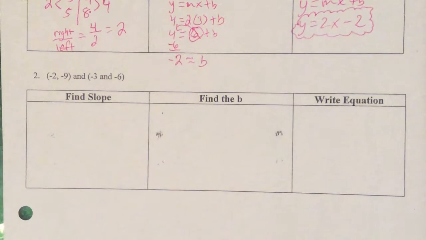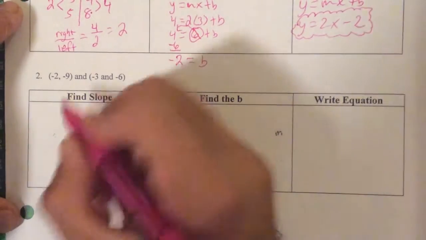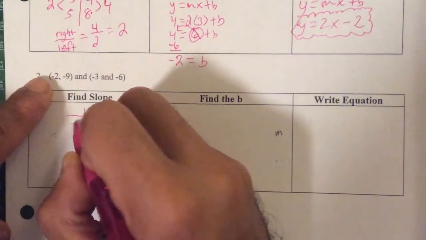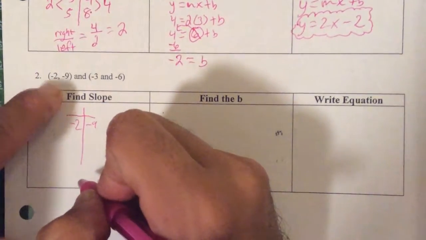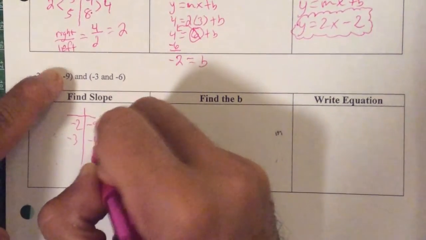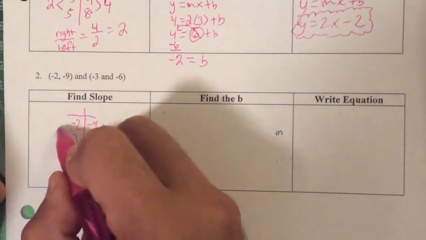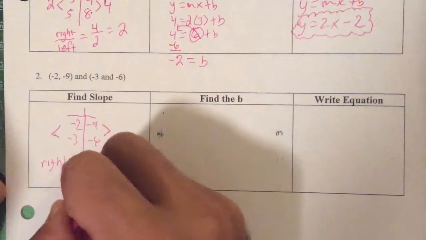We have 2 ordered pairs and they want us to create equations. The first thing you need to do is set your table up. So -2, -9 is my first ordered pair, and then -3, -6. Now, remember the right side over the left.